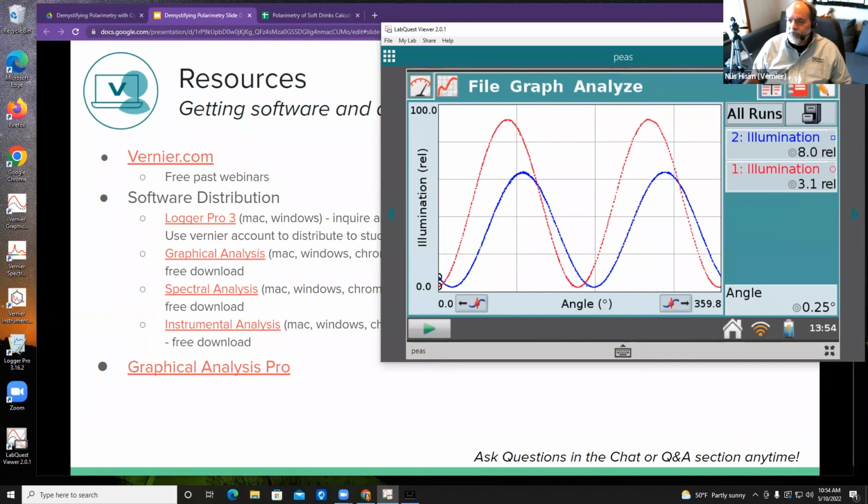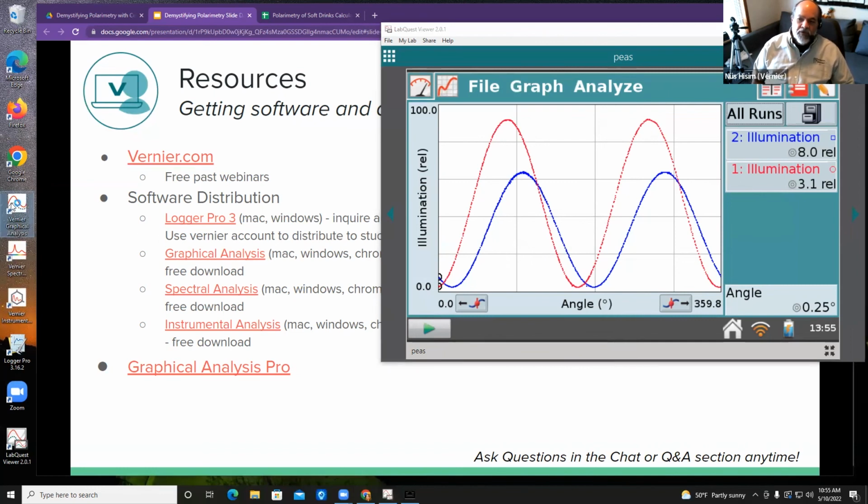There's a question about spectra. Melissa was asking, can you overlay the two spectra on one another? In Graphical Analysis, you can have more than one run displayed on the same graph, simply by tapping on the y-axis label and turning on whichever runs you want to display at the same time.